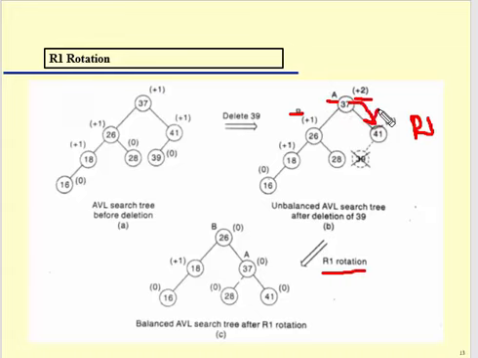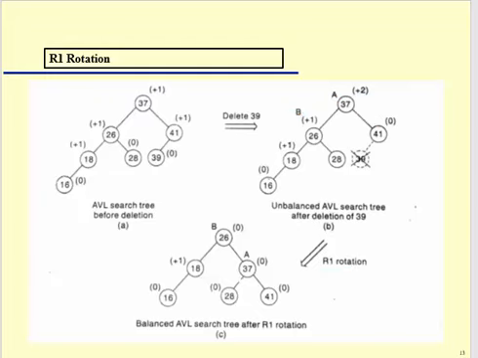So that is done. And whenever you are deleting from the left side, find out the out of balance node, and that out of balance node will be moved towards the left side. Only difference is that. I'm not doing this thing because this much is enough for you, that how to delete a node. It can be from the right side or it can be from the left side.